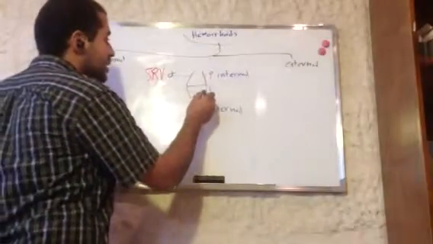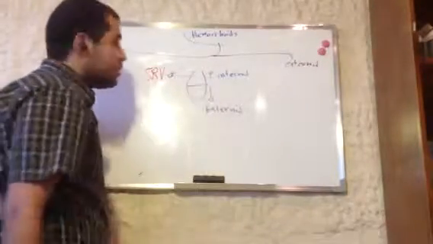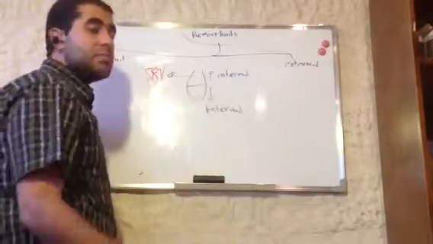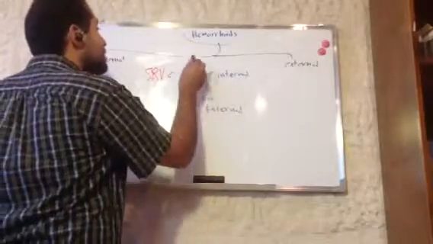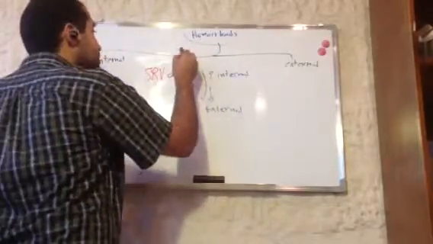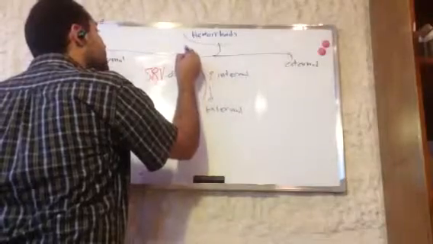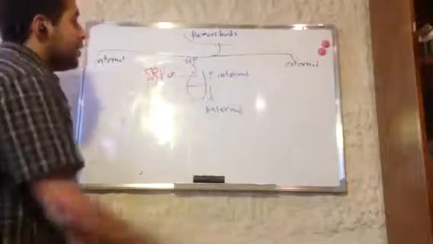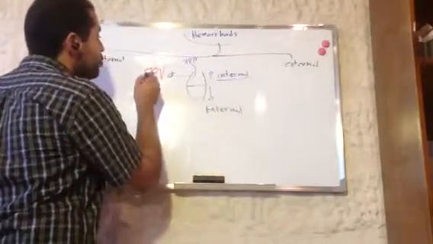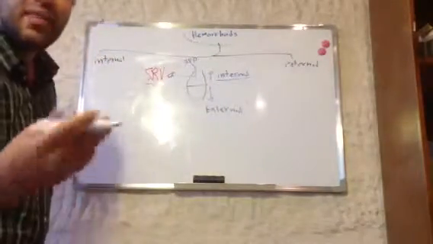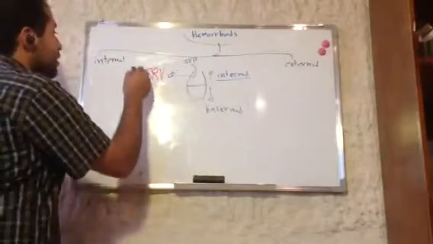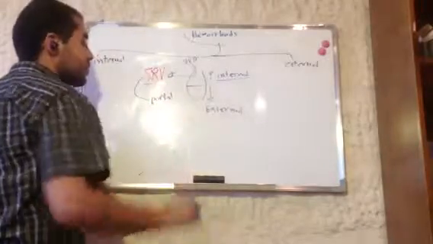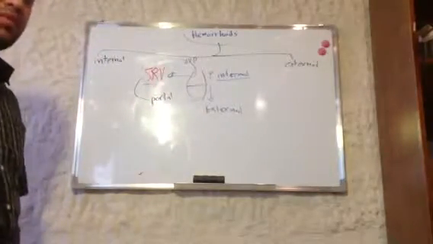Let's assume that this is the anus, so this area will be internal and this one will be external. By logic, we can say that the internal venous plexus will drain the internal area into the superior rectal vein and then into the portal vein.